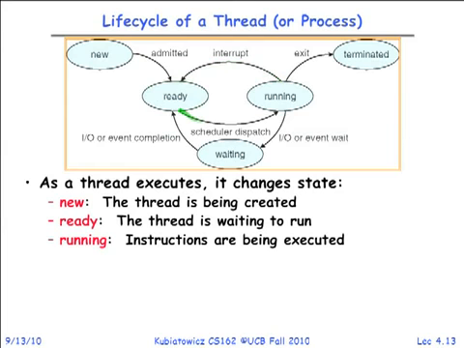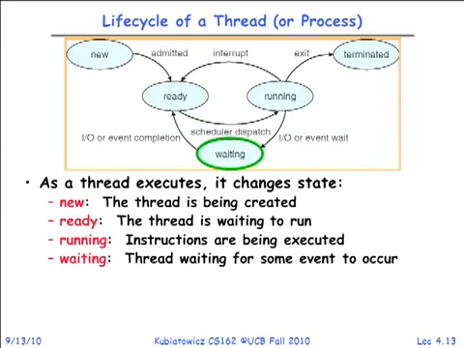Now, at some point, it might want to do some I/O, in which case it's going to start the I/O and then go off on a waiting queue. This waiting queue can be associated with the file it's going after. It could be associated with some network socket, whatever. But clearly that TCB is not executing. It's waiting. Eventually, the I/O completes. It gets put back on the ready queue, and now it's ready to run again.